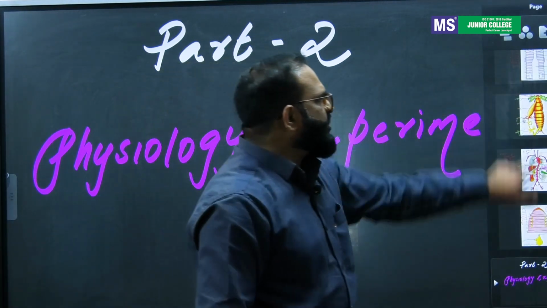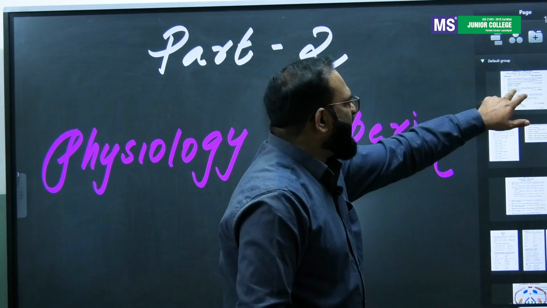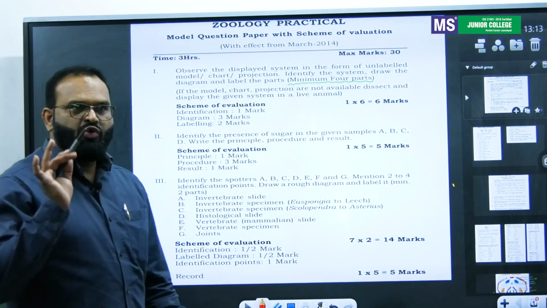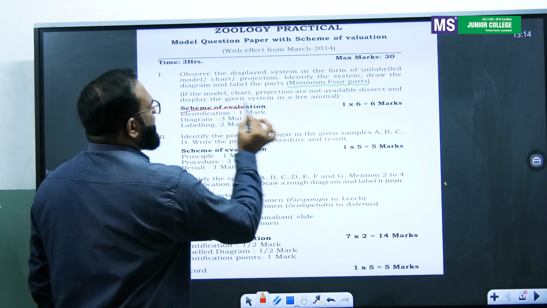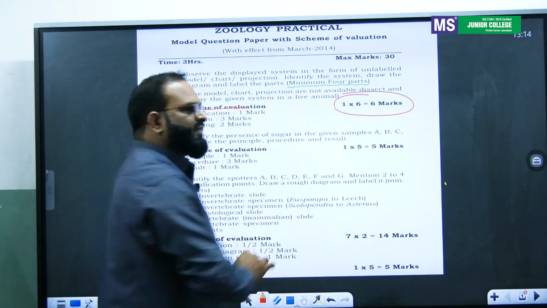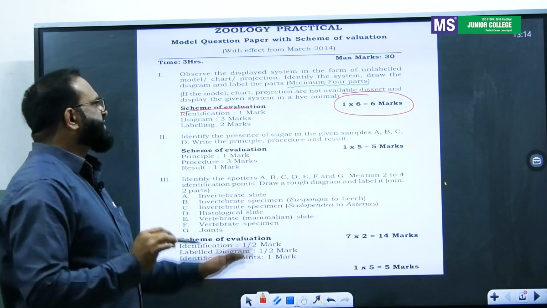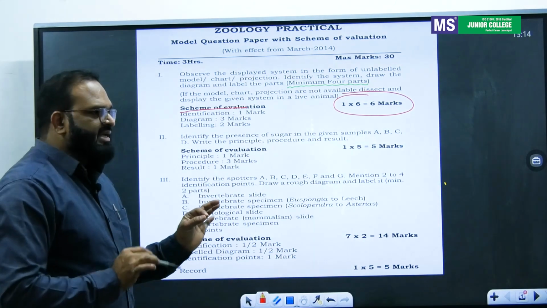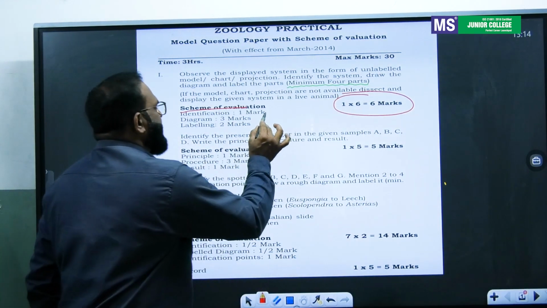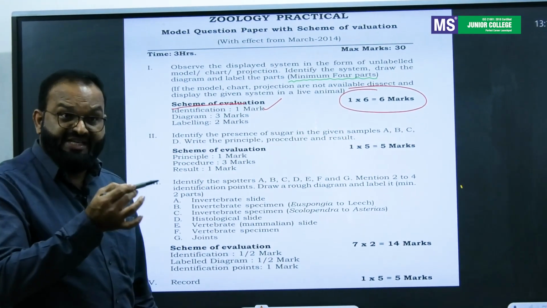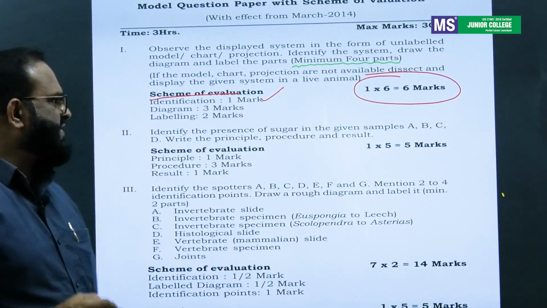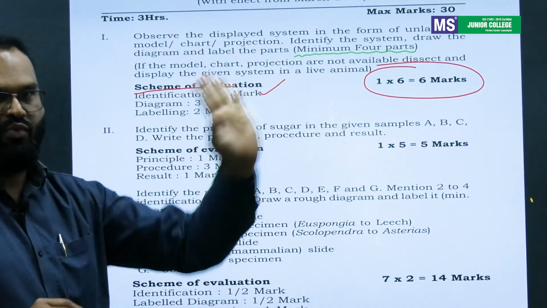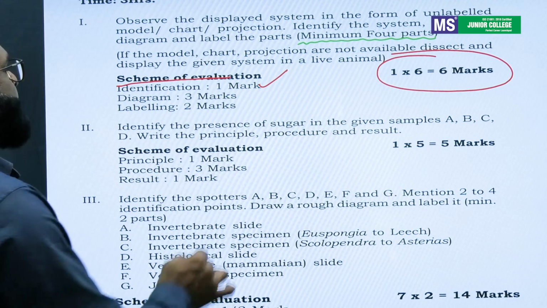The moment you enter your examination hall, first you have to do this task. See, the scheme of evaluation: 6 marks will be the maximum for this question 1. In this, identification carries 1 mark, whether it is the mouth part of cockroach or spermathecae or digestive system, whatever it may be.